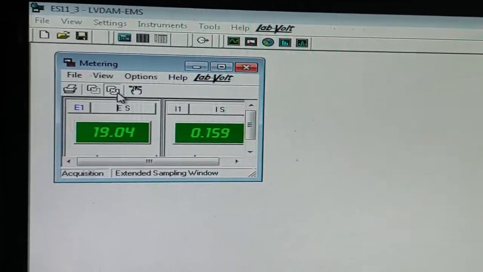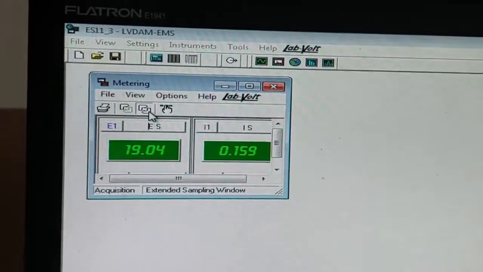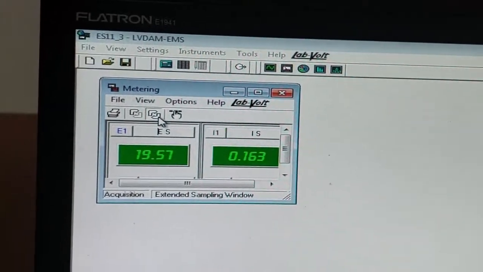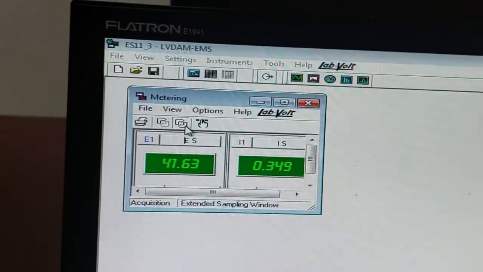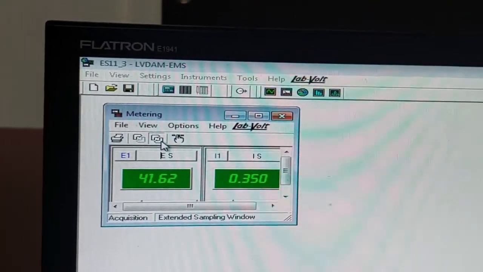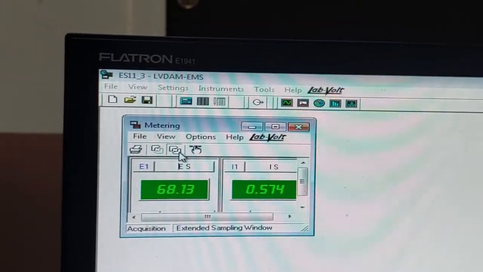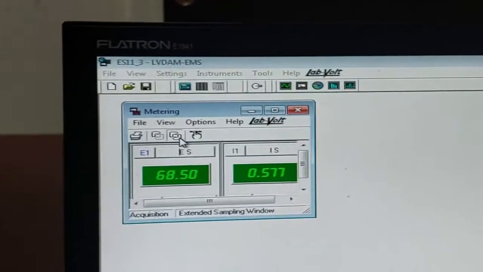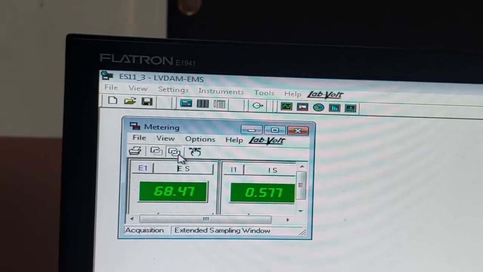This is a 20 volts, 19 volts. Okay, at 35 volts, at 41 volts. Okay, 58, 68 volts. So as you can see, V is equal to IR.